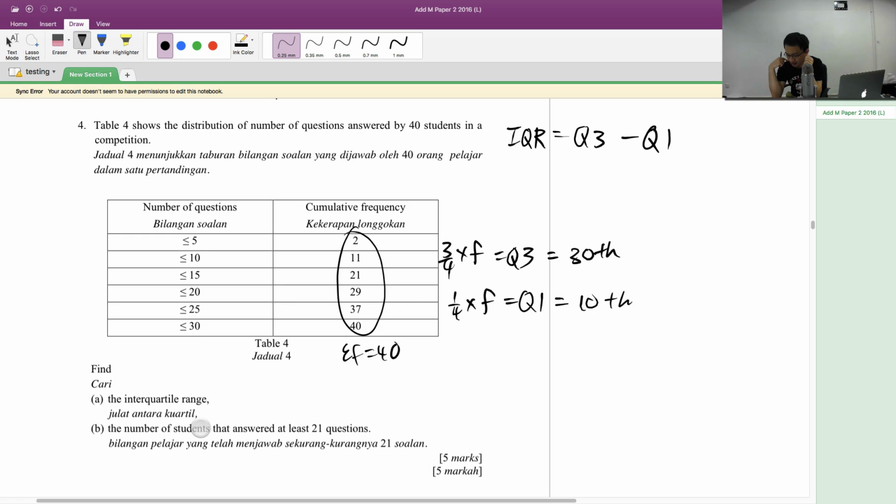So if the answer is less than 30, so if I get 30, which one is the... So for the interquartile range, I need to find the third quartile, and then I need to find the first quartile. So yeah. Okay.